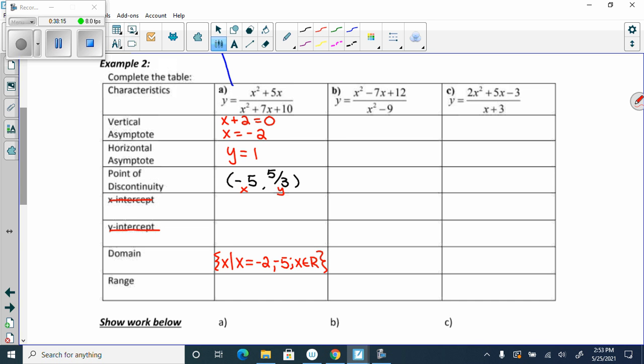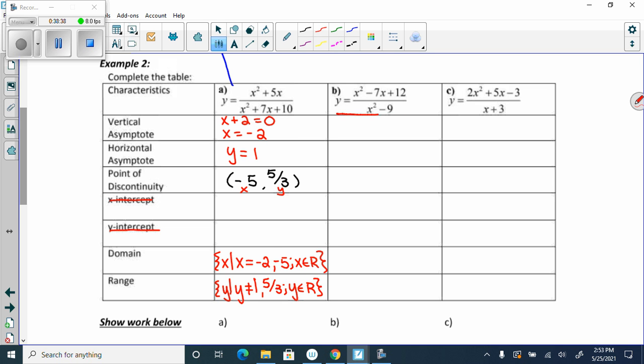Okay? Now my range, and most people forget the point of discontinuity part. My range is going to be y such that y cannot equal 1, and then the y of my point of discontinuity, which is 5/3.